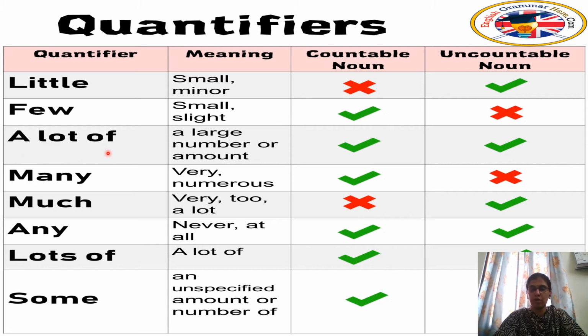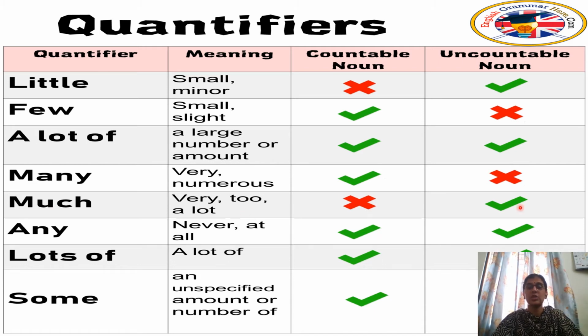A lot of, which means a large number or amount, you can use it both for countable noun and uncountable noun. So when you have the quantifier a lot of in a sentence, you can use it both with countable noun and uncountable noun. Many. Many means very or numerous. In that case, you use it before a countable noun. Much. Very to a lot.